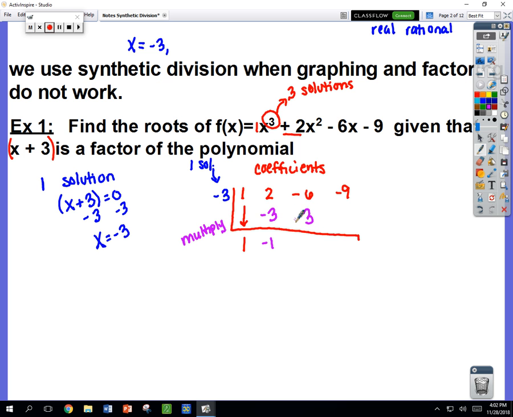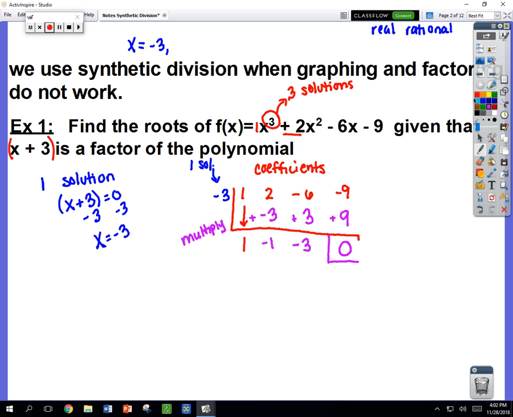And then I would add these. Negative 6 plus 3 is negative 3. And then I would multiply again and get positive 9, and then add these. And my answer, if it factors evenly, should be 0. So it should be 0. It shouldn't have a remainder.